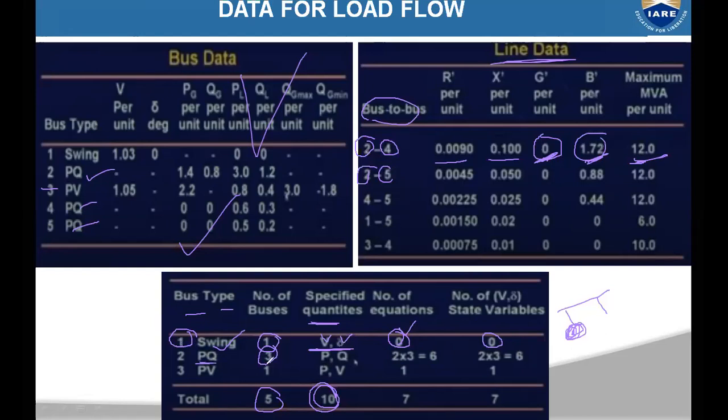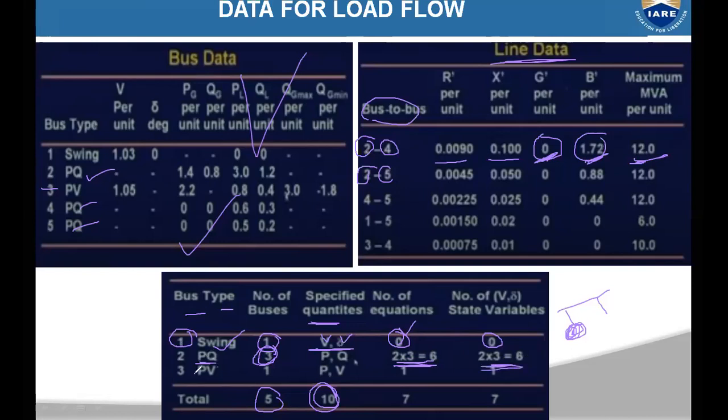You remember the static load flow equations, there are 2 equations, P and Q. As there are 3 PQ buses, 3 into 2, you should get 6 equations, and the total number of variables is 6, right?